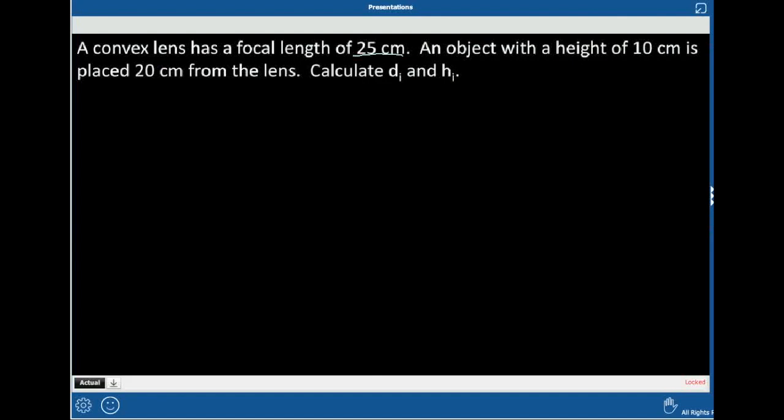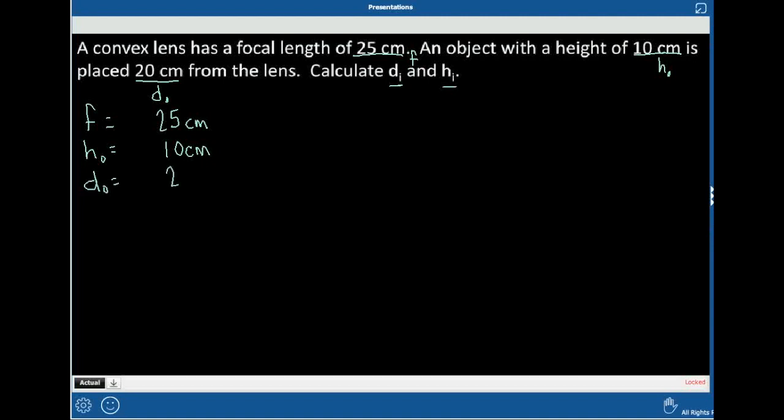We have a convex lens with a focal length of 25 centimeters. The object has a height of 10 centimeters, and it's placed 20 centimeters from the lens. And we want DI and HI. So I'm going to go ahead and write what I know.